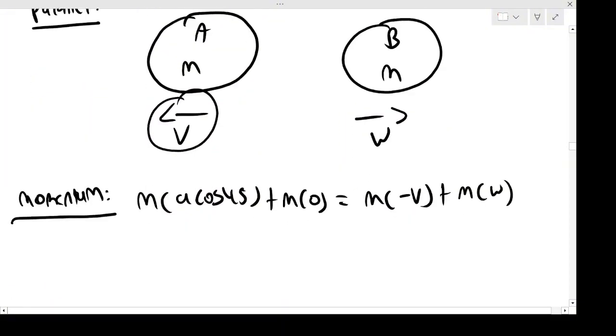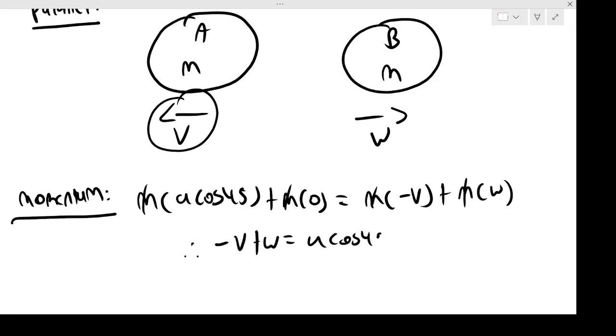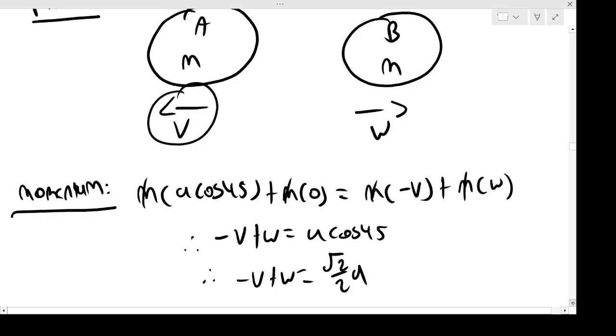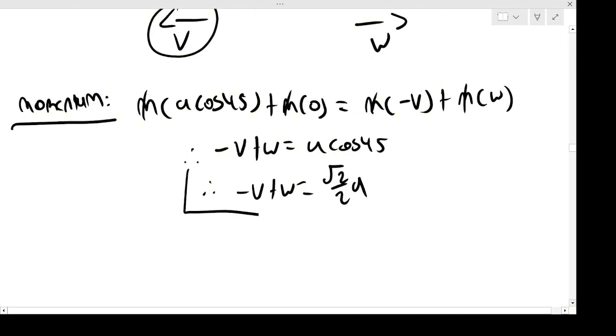We can cancel the M's, so we get minus V plus W to be u cos 45. Actually, we can evaluate cos 45, so we get minus V plus W to be root 2 over 2 u. And that's my first equation. Then restitution.